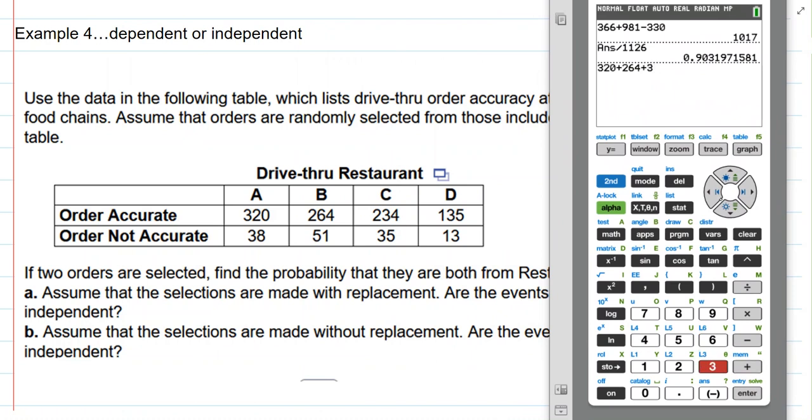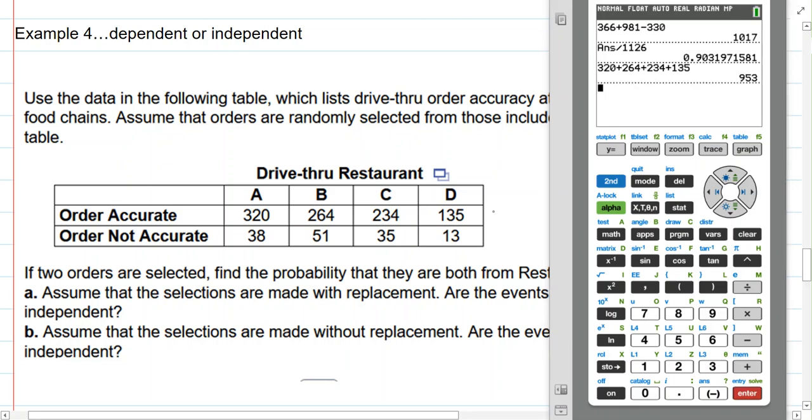I'm sorry, that's a 2. 2, 3, 4, added to the 1, 3, 5. And I'm going to double check 320, 264, 234, 135. Okay, so I'm going to get a total of 953 that are accurate.